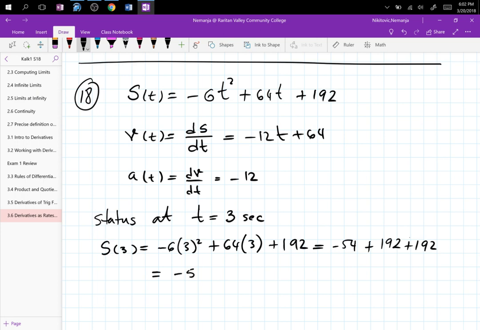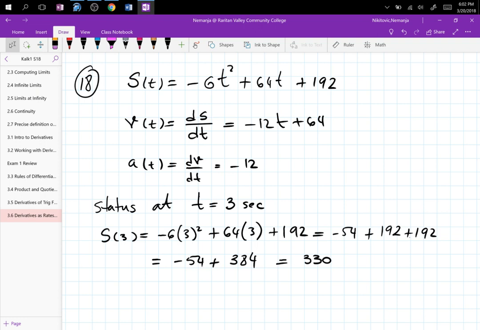So this is negative 54 plus 384, for the total of 330. So after 3 seconds, this object is 330 feet up.